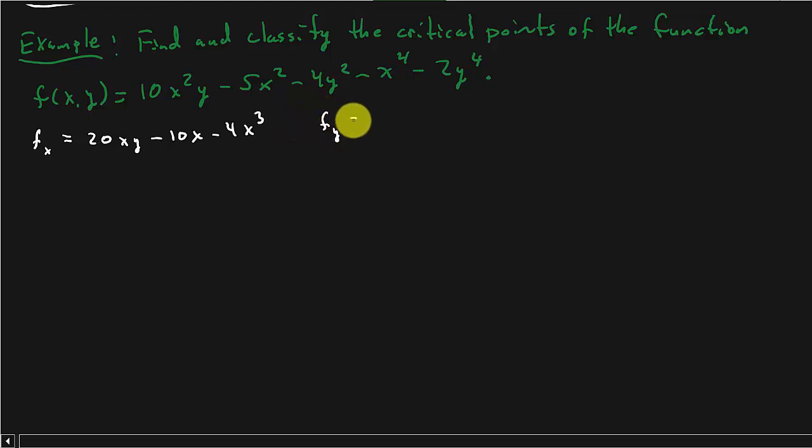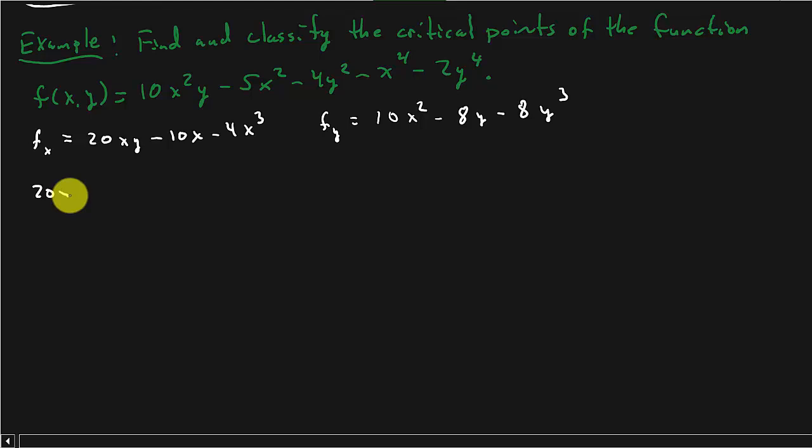And then the partial with respect to y is going to be 10x squared minus 8y minus 8y cubed.